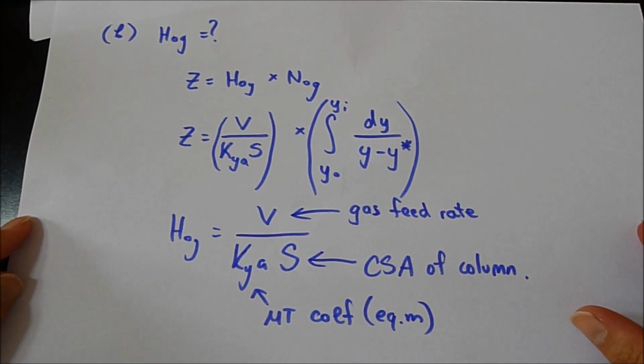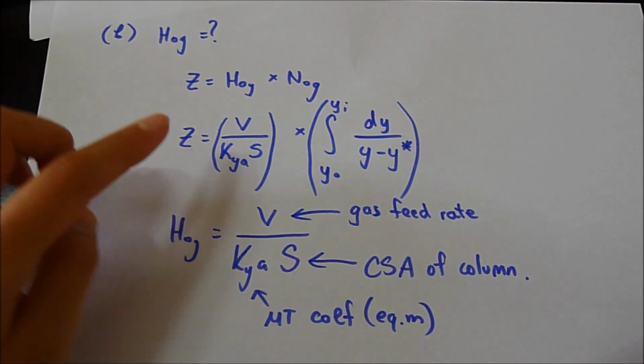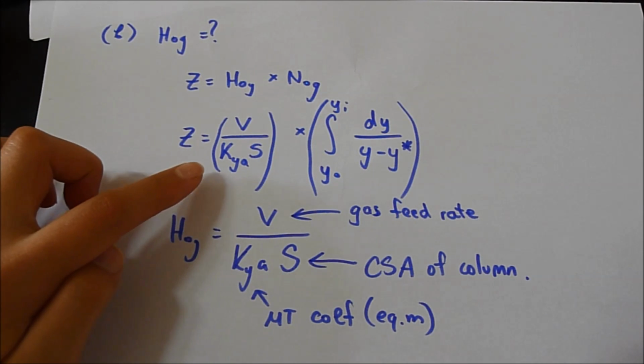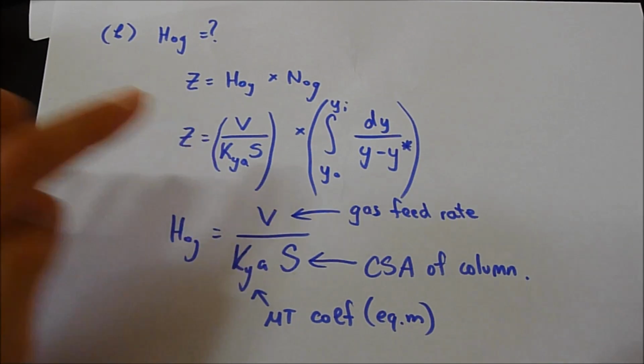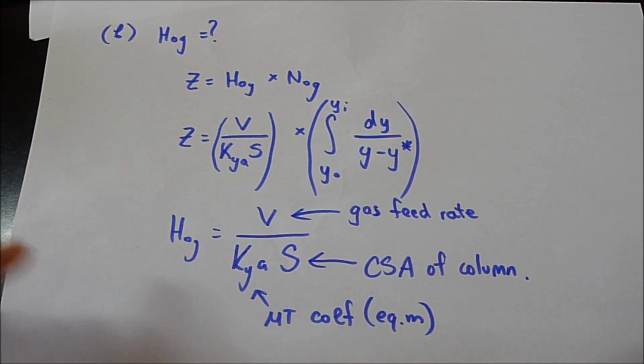So for finding the height of the mass transfer units, we need to know that Z is equal to HOG times NOG. And HOG is equal to the gas feed rate over S times Kya, which is the overall mass transfer coefficient for the equilibrium, and S is the cross-sectional area of the column.